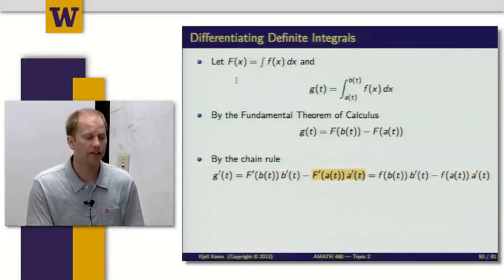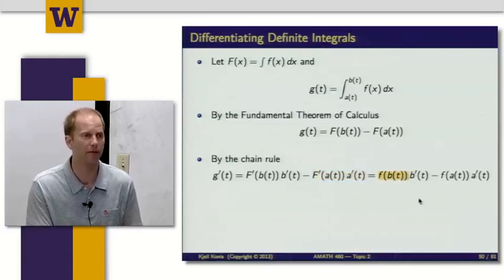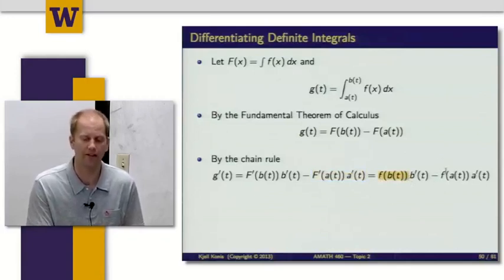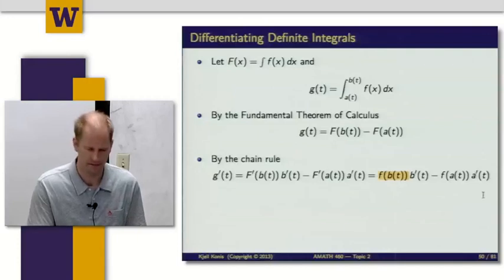And then by the way we've defined this capital F, I know its derivative is lowercase f. So the formula for differentiating a definite integral is just going to be f of b of t times b prime of t minus f of a of t times a prime of t.